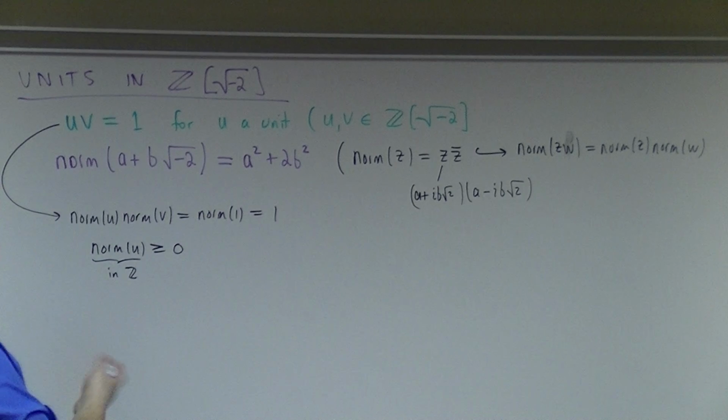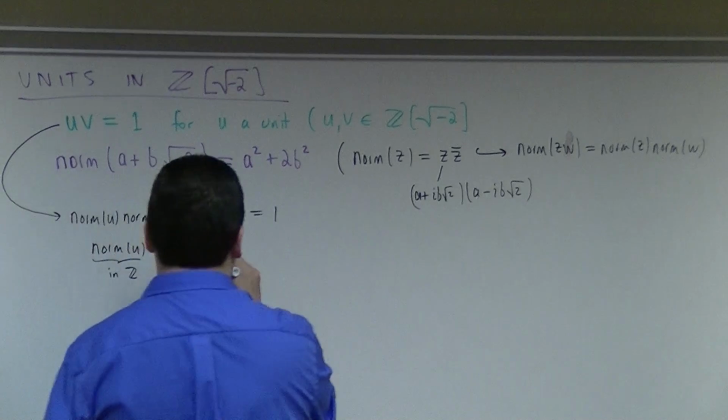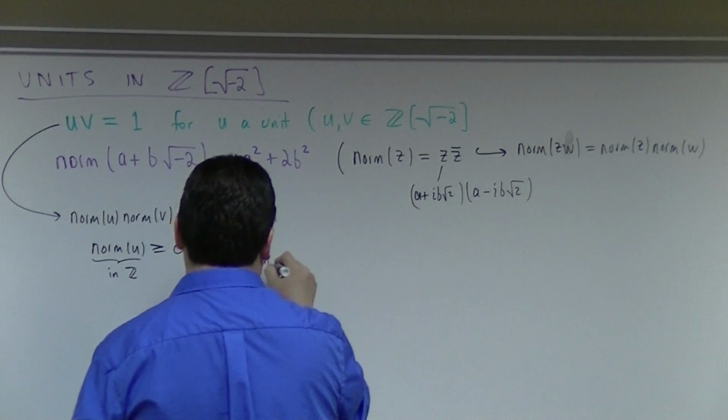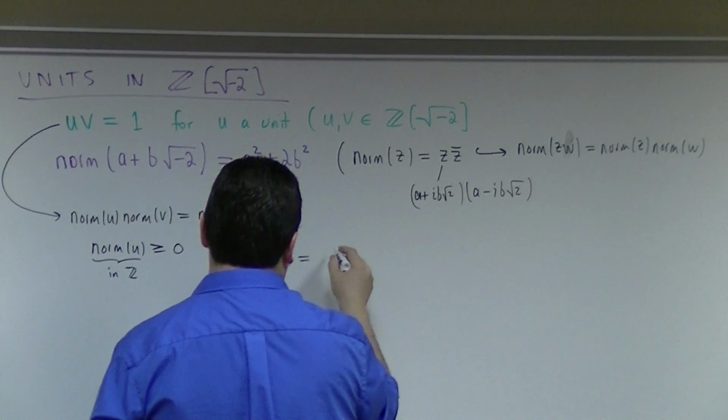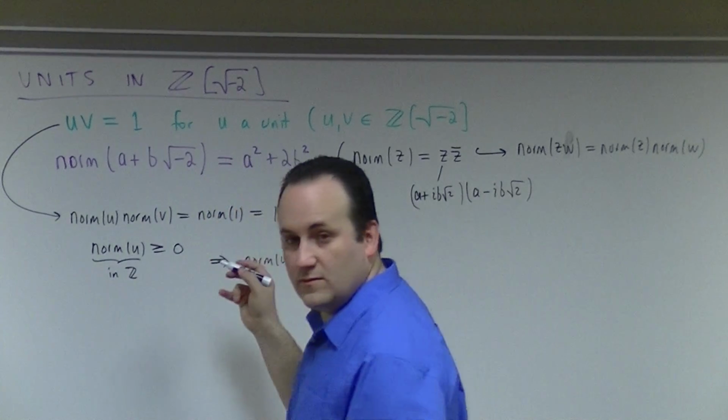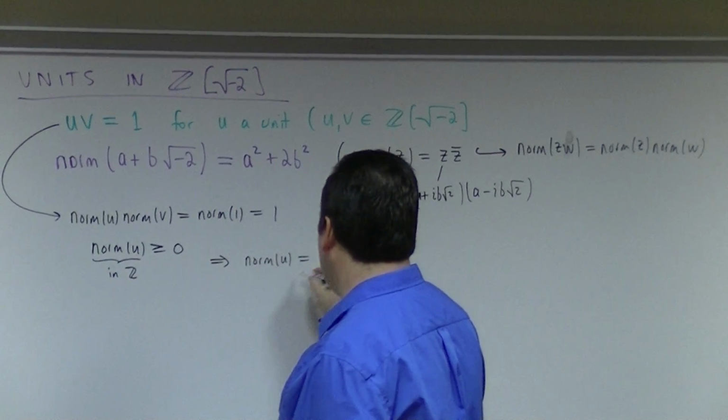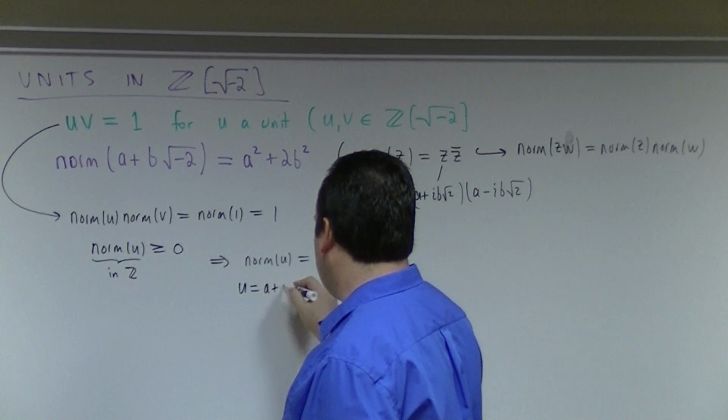It's in Z, so how can you have an integer times an integer equal to 1? There is only one choice, right? The norm of u has to be what? Say it again. What did you say? 1, yeah. So if u is equal to a plus b root minus 2, what are your choices?